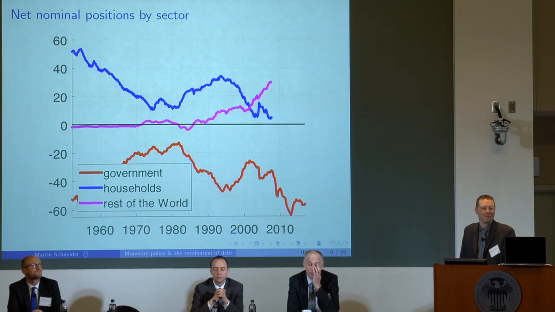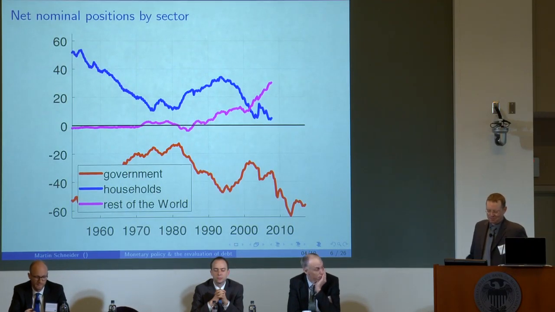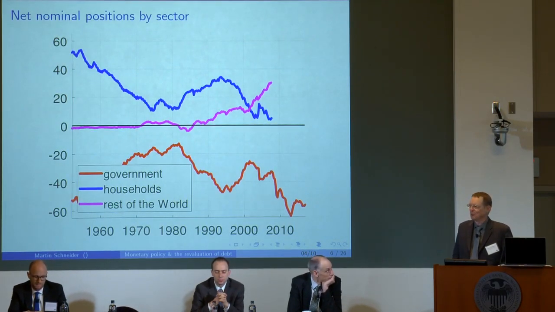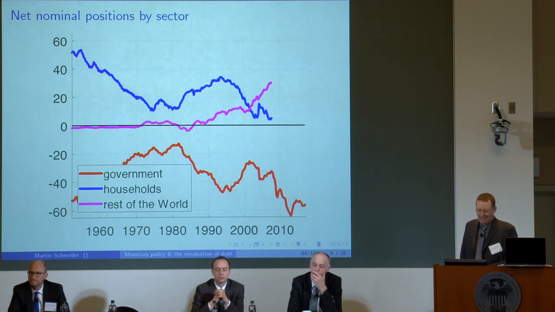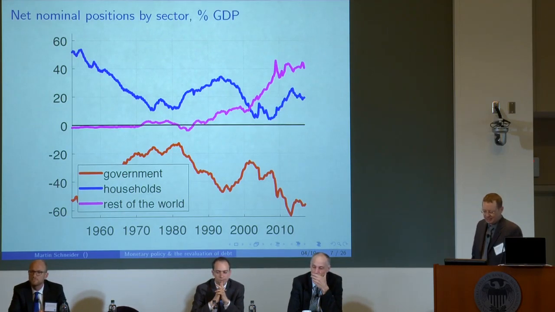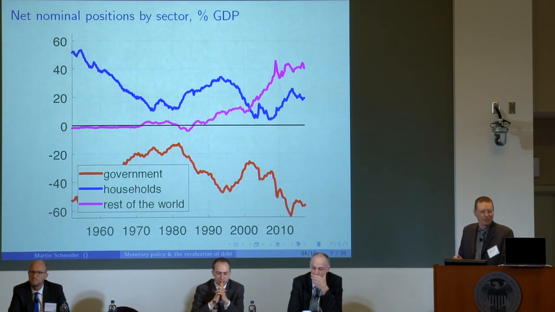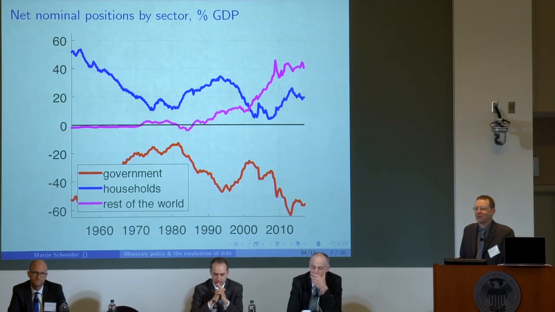That's the pink line, with a strong acceleration in the housing boom. And then what has happened since then is that the position of the rest of the world has remained relatively similar. And the further increase in the net government debt position has been funded by domestic holdings by households.